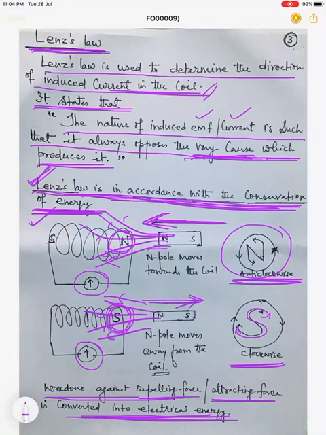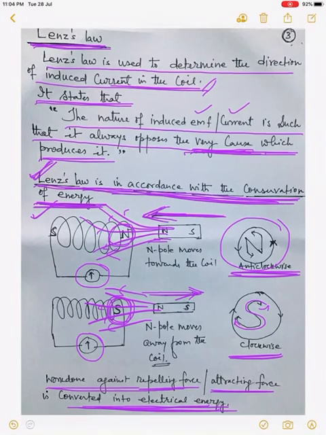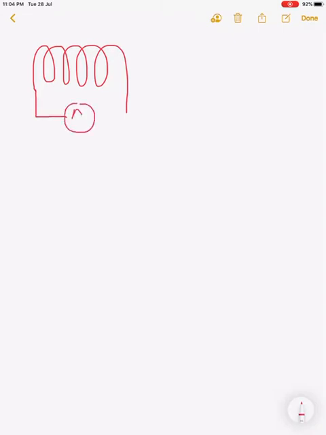Similarly, if we have that coil and the galvanometer is connected, but this time the south pole is moving towards the coil.